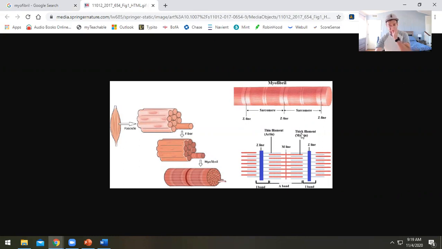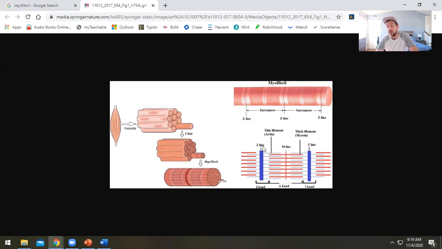And what a sarcomere is, it's this area where these myofilaments, which are really important, are overlapping each other. So you've got two myofilaments. You've got actin myofilaments and you've got myosin myofilaments, right? Those are the two main ones. Then you've also got these regulatory proteins we'll look at.